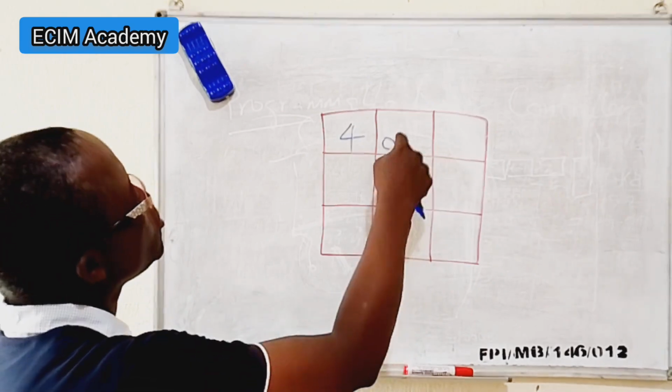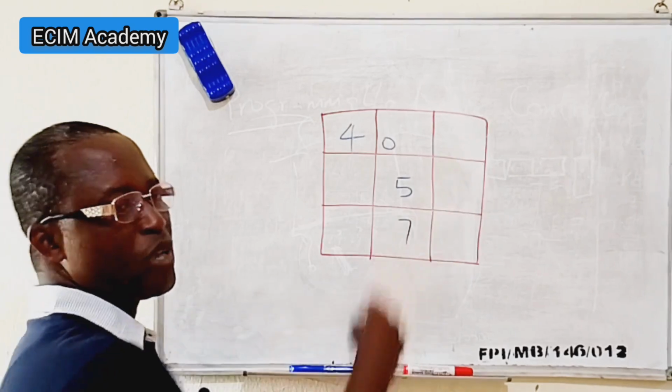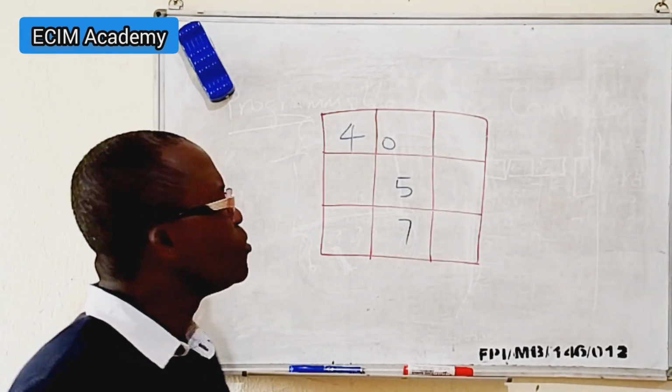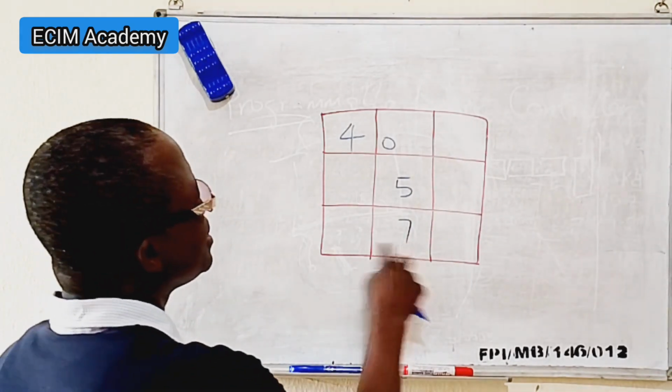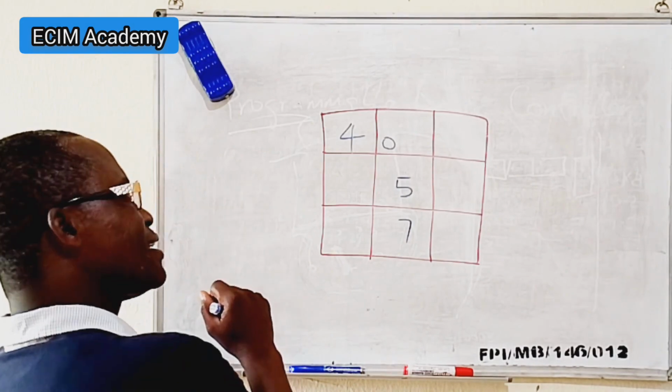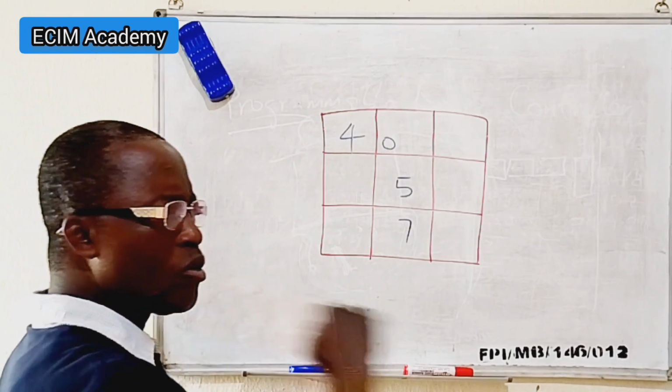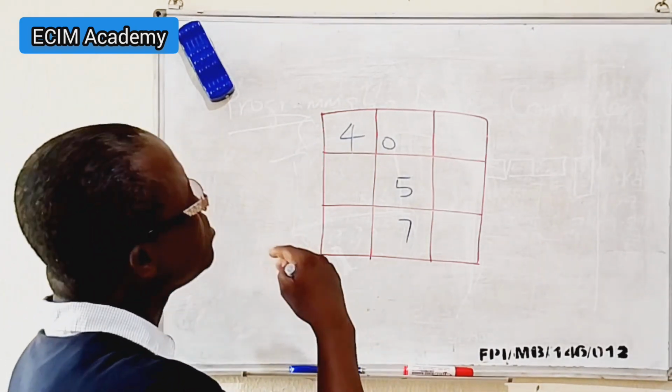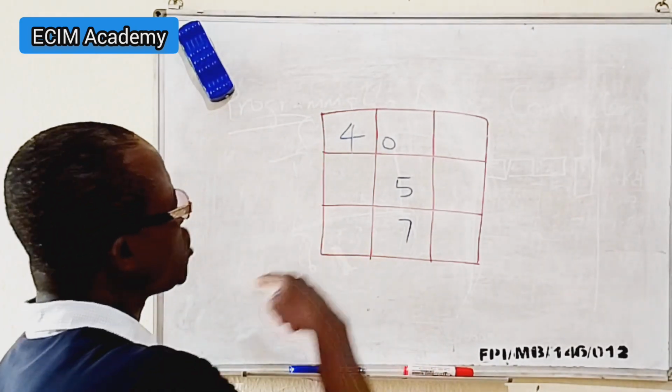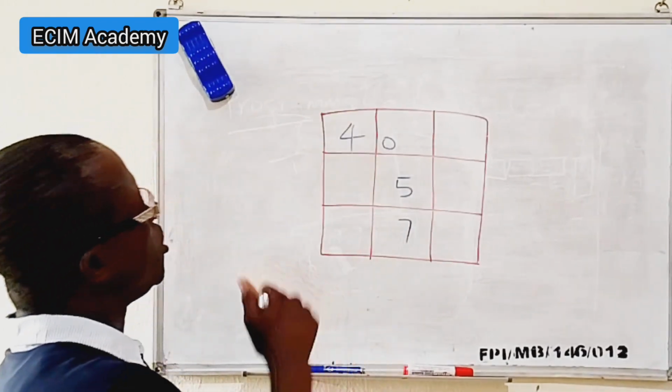And also, if you have these 2, it remains 1 to make it complete. Now, we want to reason about it. We said the sum of the column will equal the sum of the rows. Also, the sum of the diagonals will be equal to the sum of the columns.